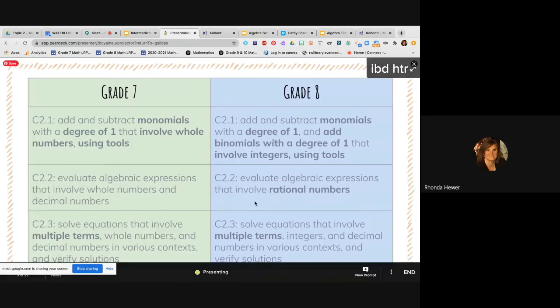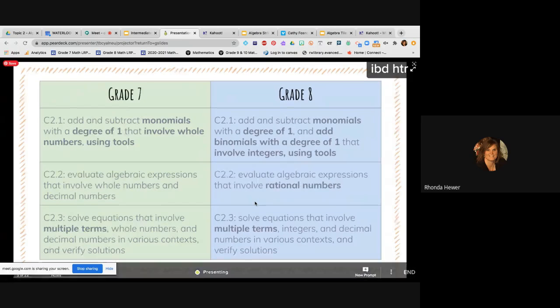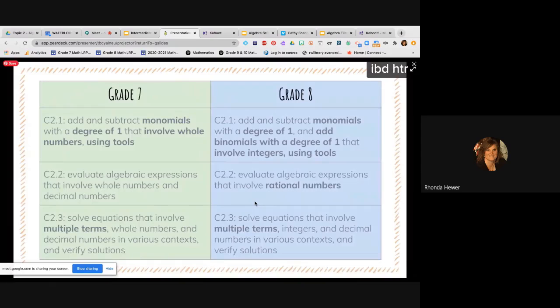Okay. So here are the expectations that we are focusing on right now in this algebra topic. If you go onto the grade 7 and grade 8 math long range plans, you're going to see that there was inequalities and it's now been crossed out. It makes sense for us to do inequalities as part of this topic. However, the rest of the province hasn't caught up yet.